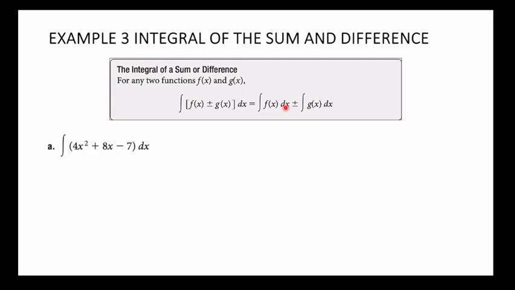So let's look at example A. We have the integral of 4x squared plus 8x minus 7 dx. Now we can split those into pieces and do each one separately.